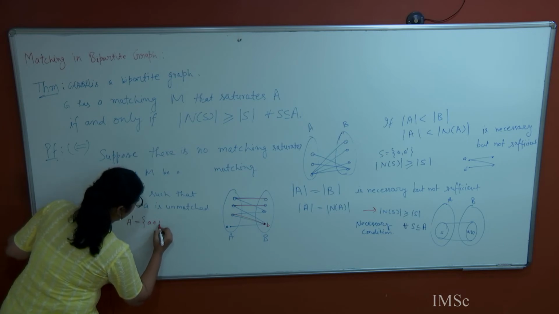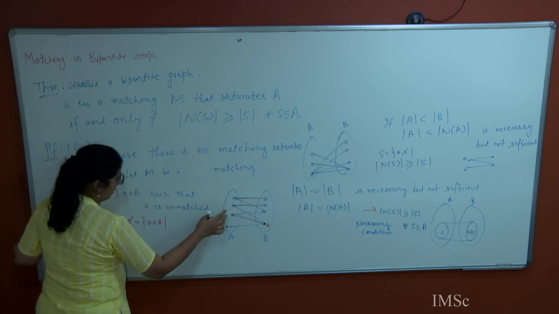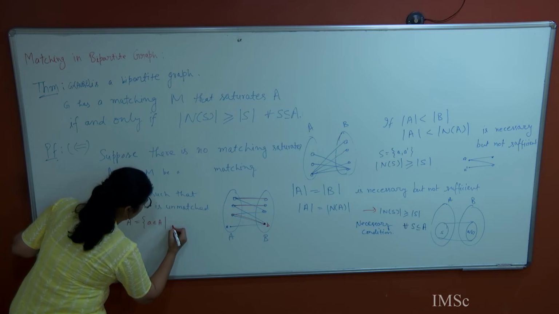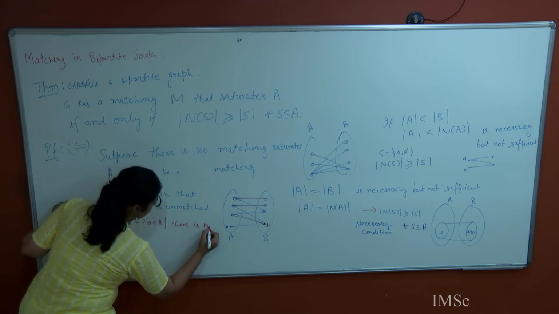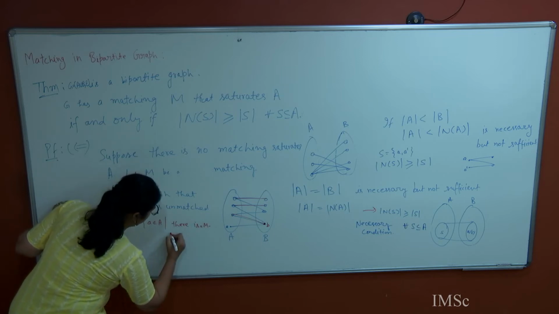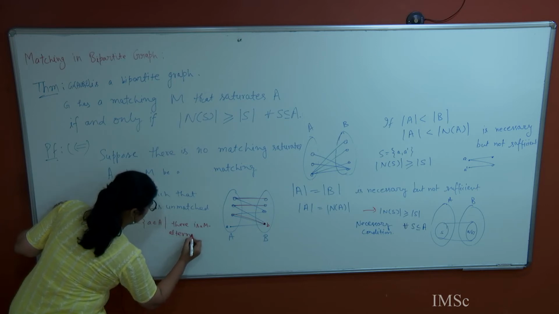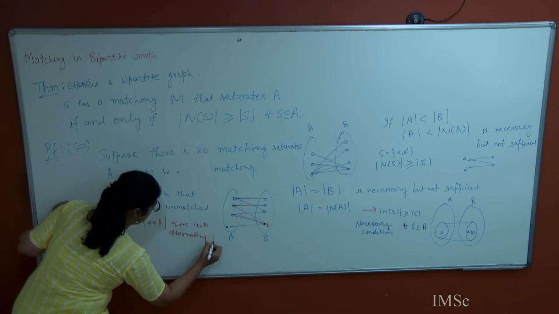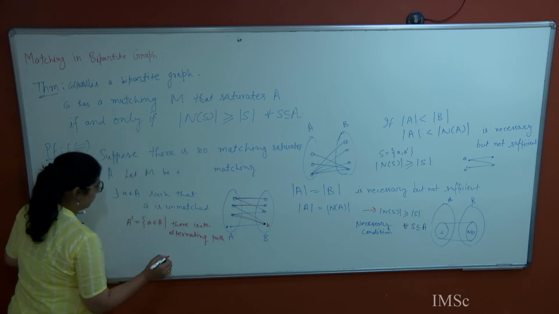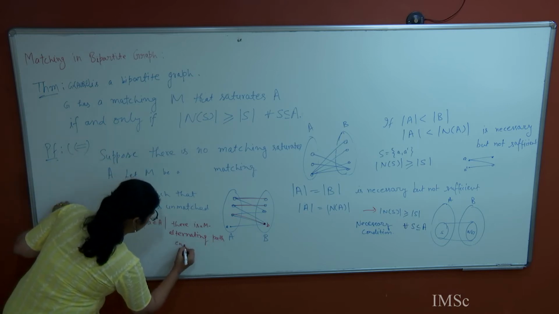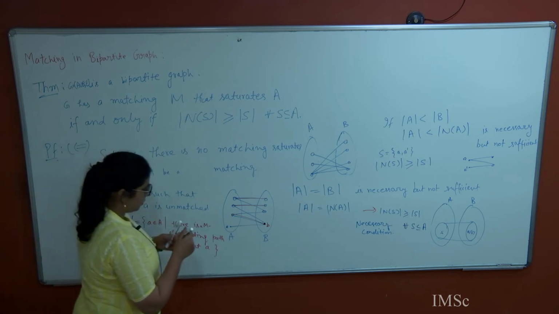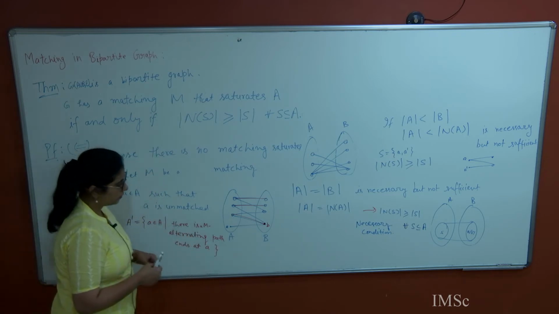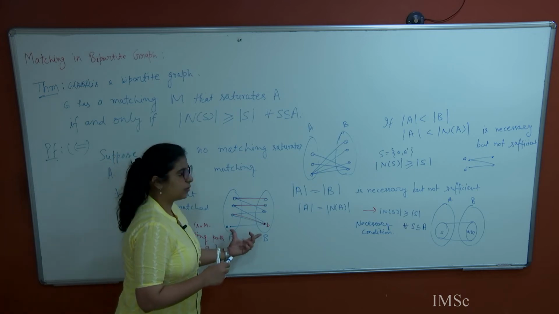A prime has those vertices in A such that there is an M alternating path ending at A. Yeah, that is what we are doing actually.